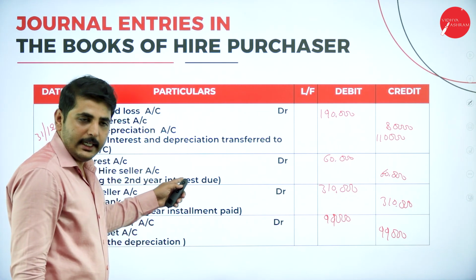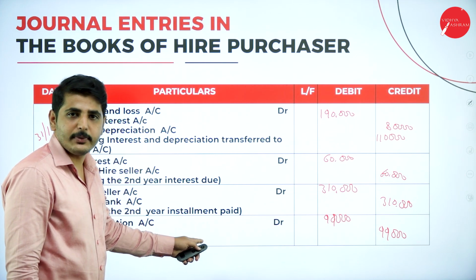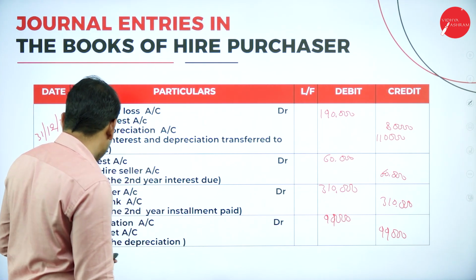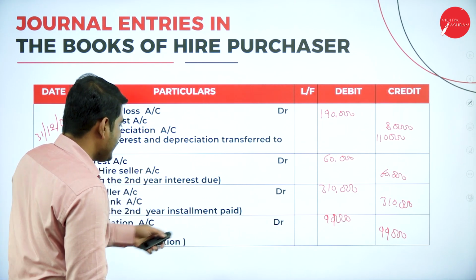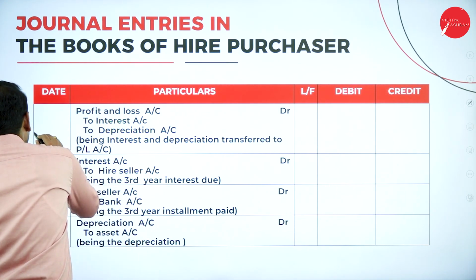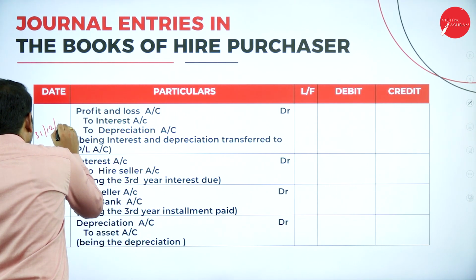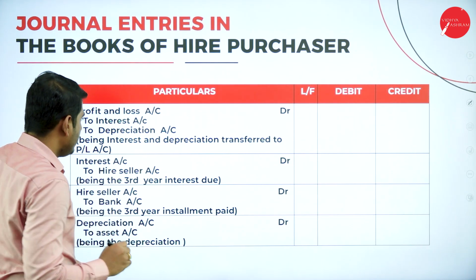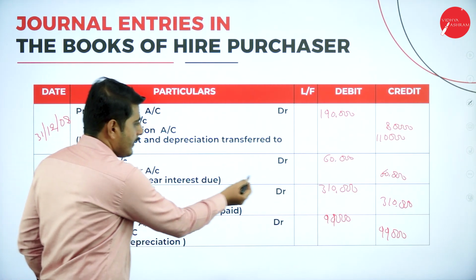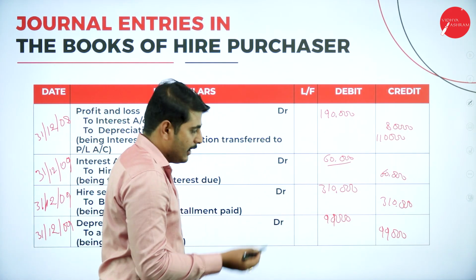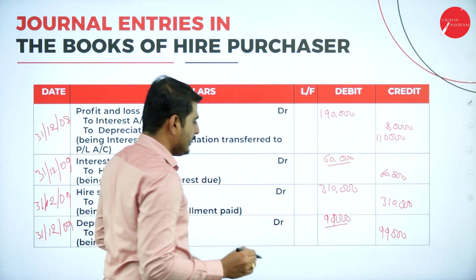Now both interest and depreciation should be transferred to profit and loss account. The date is 31st/12/2009. What is our interest for the second year? 60,000. What is our depreciation? 99,000.